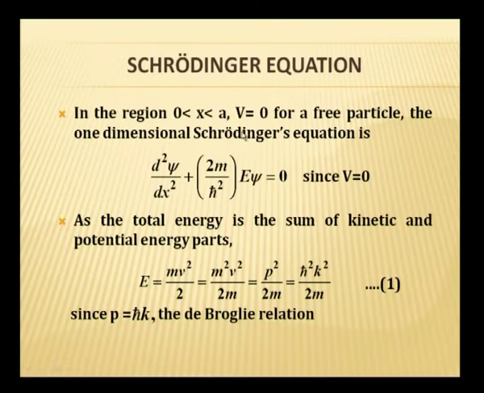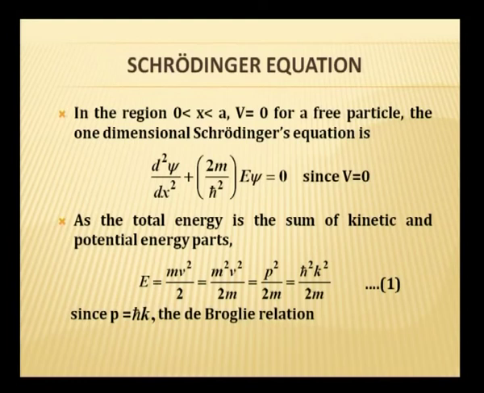So, V is the input. I told you in the last lectures, when the potential energy is the input, what are the outputs? The outputs are the energy of the particle and the wave function or the eigenfunction of the particle in question. So, the outputs are E and psi.